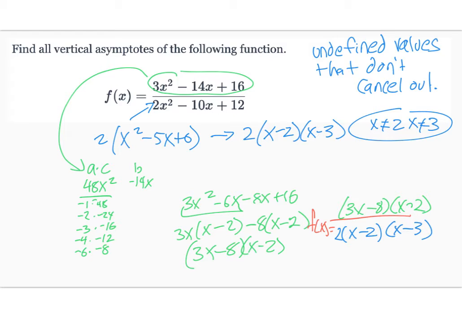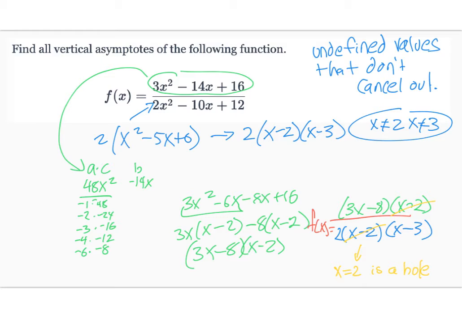As we look at this, you might notice that x minus 2 is on the top and the bottom. We said that vertical asymptotes happen when we have undefined values that don't cancel out. When they do cancel out, this creates a hole in the graph. We're going to see some more of that in a few minutes.